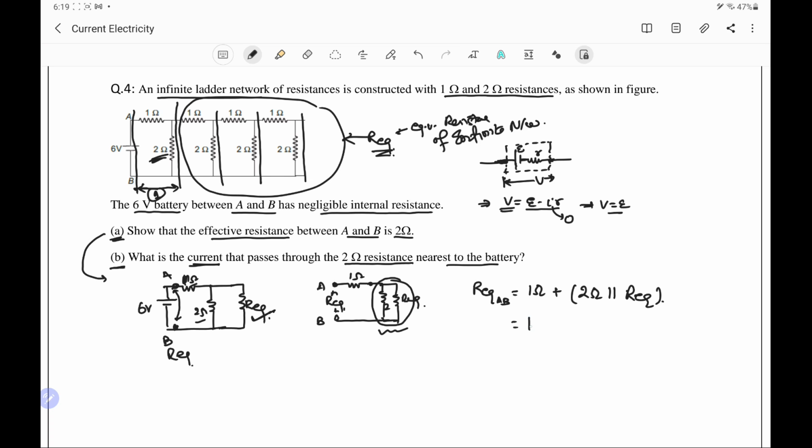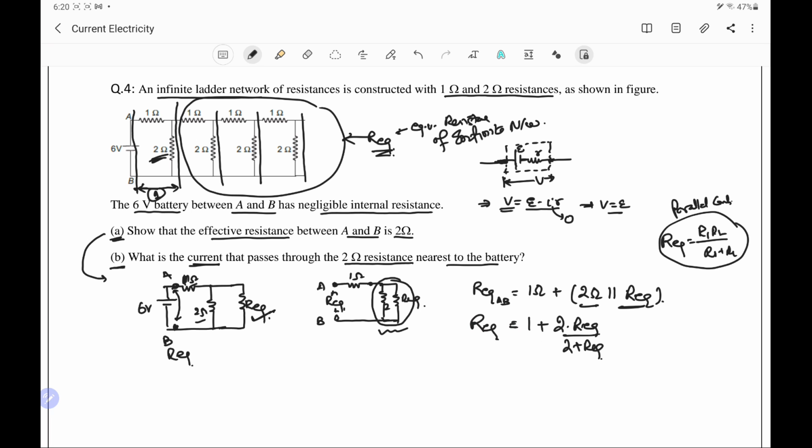This is equal to 1 ohm plus, since 2 ohm and R_eq are in parallel, we can use the formula for the parallel combination, R1 R2 by R1 plus R2. So using this formula we can write it as 2 into R_eq by 2 plus R_eq, and it is equal to R_eq.